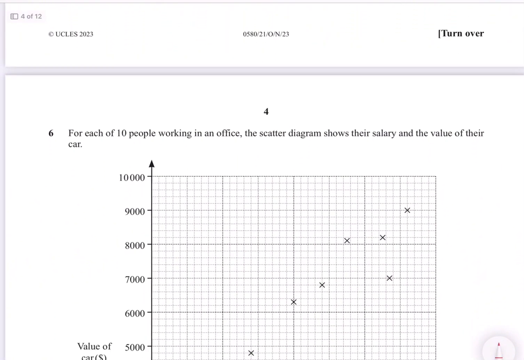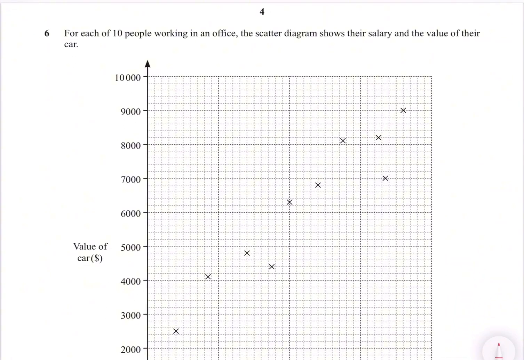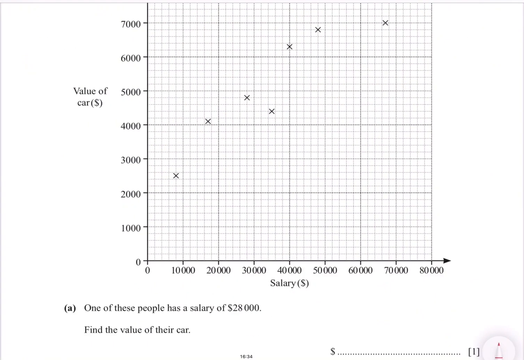In question number 6, the scatter diagram shows the salary and the value of their car for 10 people. One of these people has a salary of 28,000; find the value of their car. So go and find where 28,000 is.